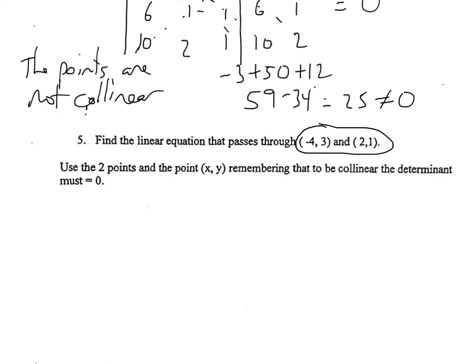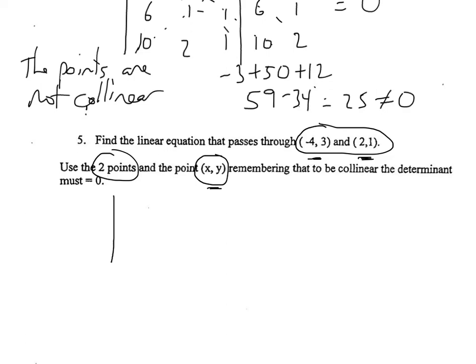and that's all this is doing here. So if I want to find the linear equation that goes through these 2 points, well, we're going to use these 2 points and some other point, we'll call it xy, and we need them all to be collinear to have a line. So in order for these 3 points to form a line, then the area would have to equal 0.